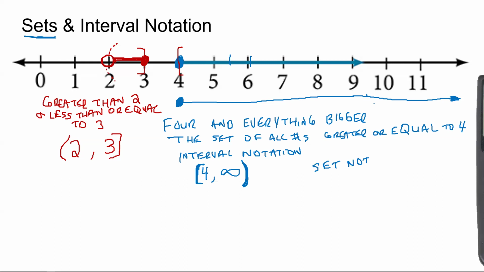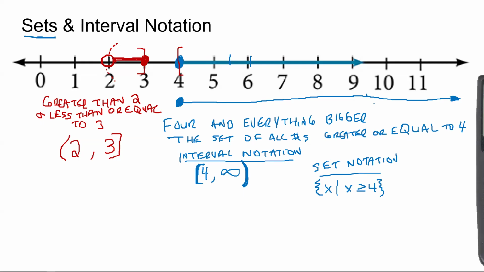So set notation might say, I need all the values of x such that x is greater than or equal to 4. And we put little braces around the whole thing.